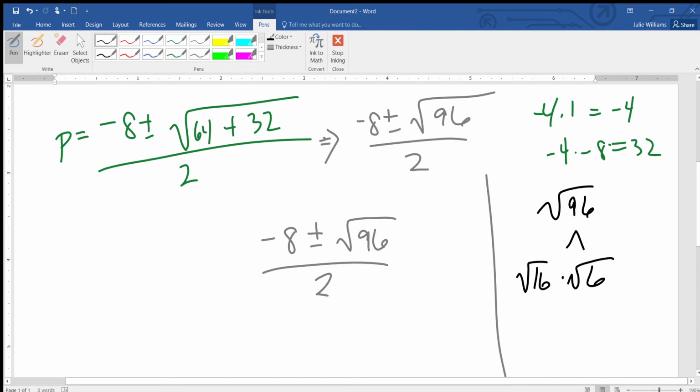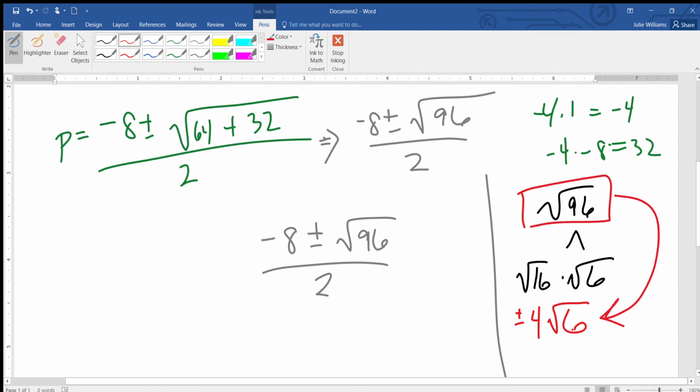We know that the square root of 16 is plus or minus 4, and the square root of 6 cannot be simplified. So the square root of 96 simplified is plus or minus 4 times the square root of 6.